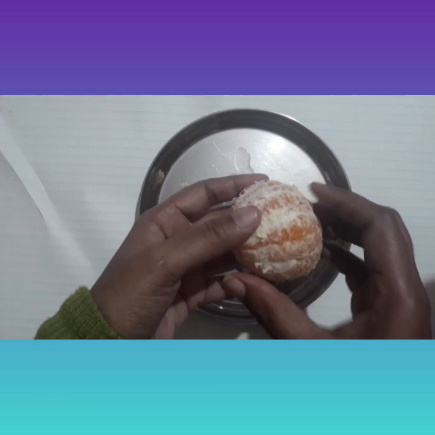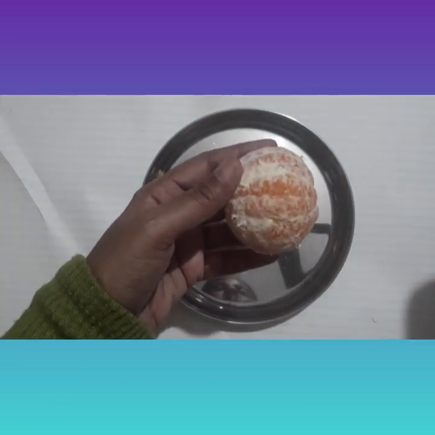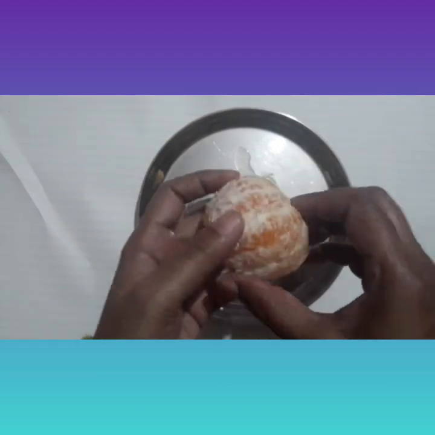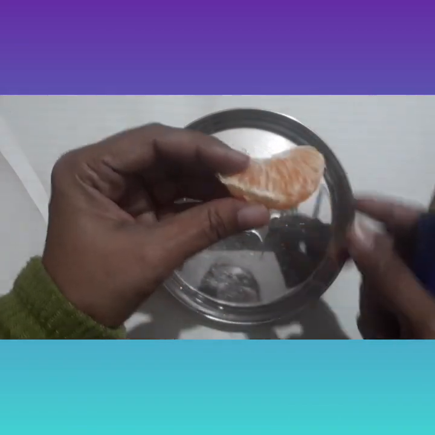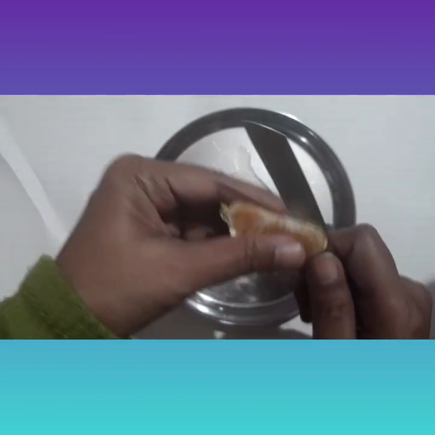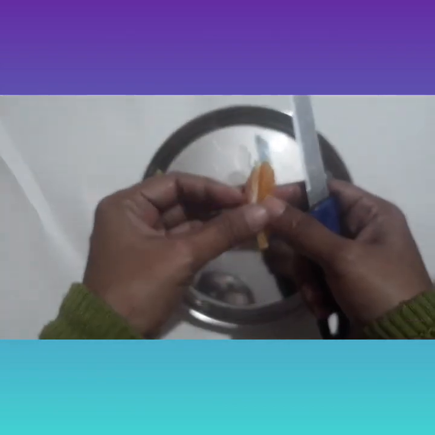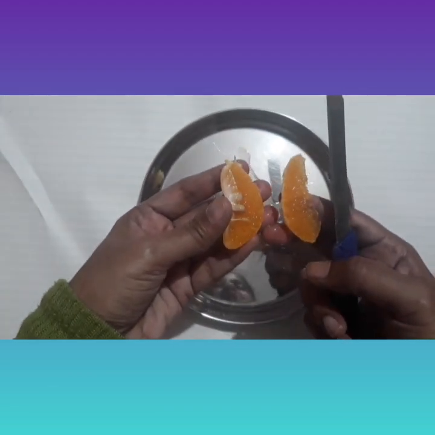But beta, if I cut it this way, do you think it will be identical if you take a single piece of this? Let's take a single piece. Why waste the whole thing, isn't it? If you cut it this way from the center, just observe carefully. Now this is symmetrical, isn't it? And let's take another piece now.